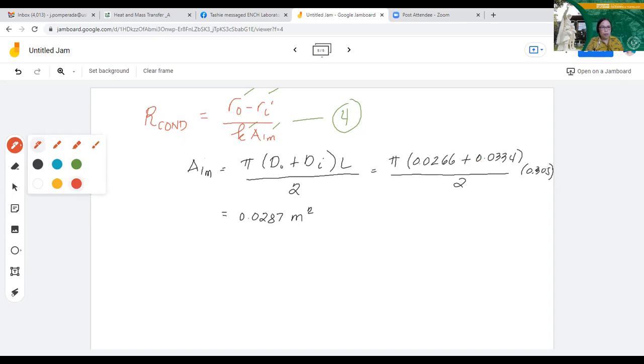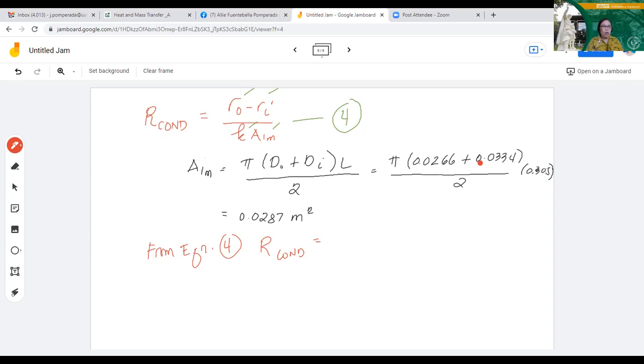So I'll just write from equation 4, R conduction is equal to, so you substitute the outer radius, the inner radius, the thermal conductivity, which is 45, and this value for the arithmetic area, which is 0.0287.